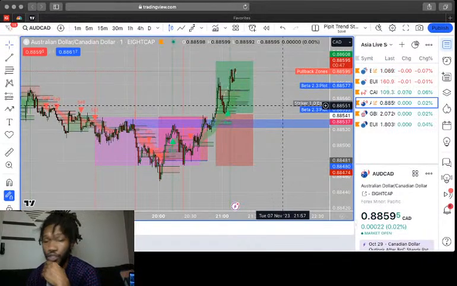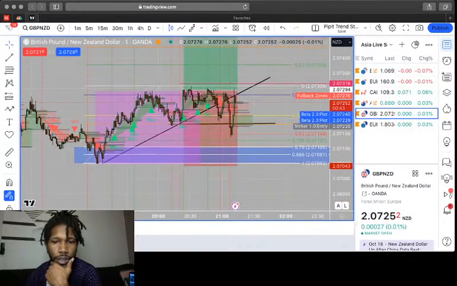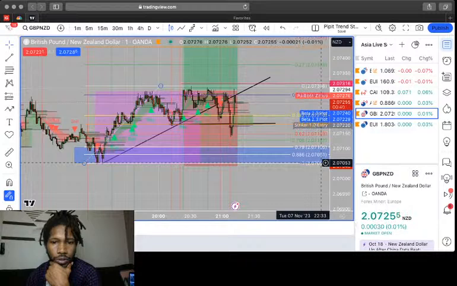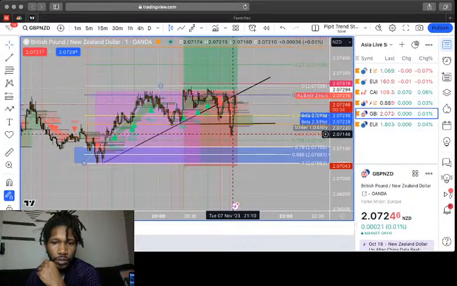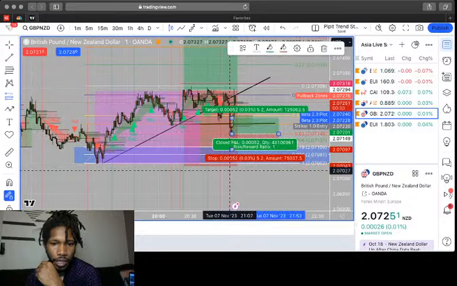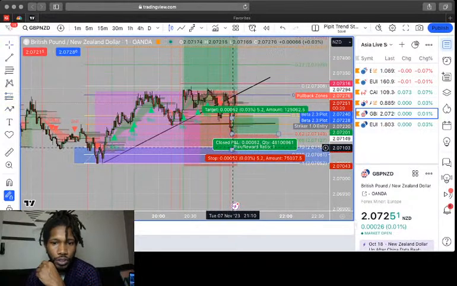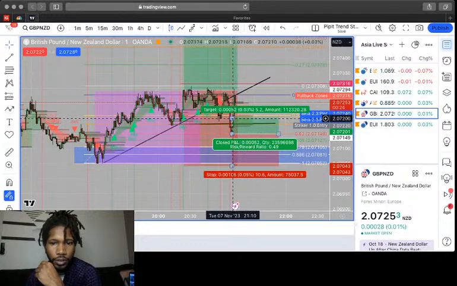I already have positions on. Like I said, I've been just focused on GN, not killing me. And look at that. It found some resistance at the 618. That was actually a good retracement. I could have actually scaled in right there. But since I had so many positions, if it wasn't for all of these damn positions, excuse my language, I would have scaled in, 10 pip loss, 10 pip risk.